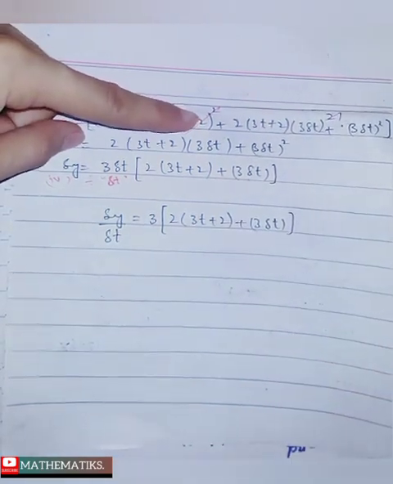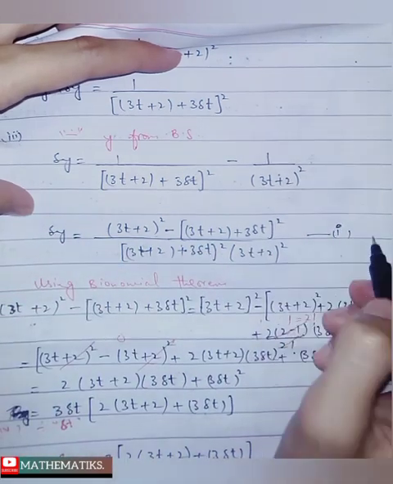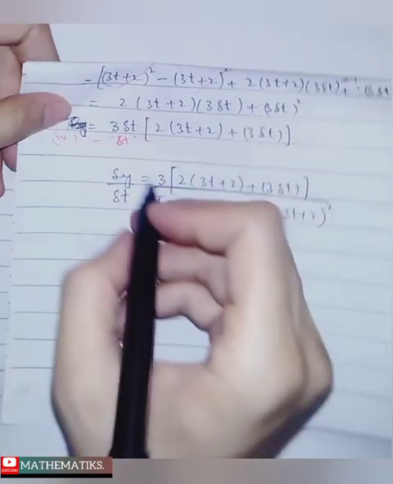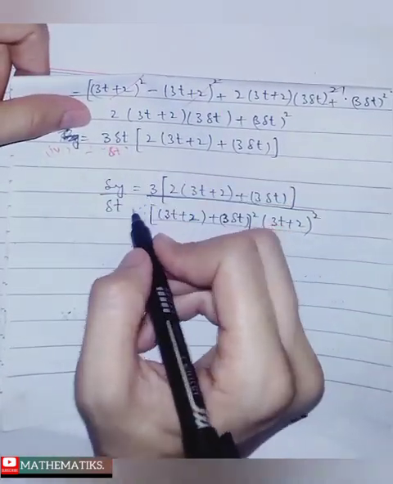We name this equation 1, and now we place this value in equation 1 and divide by partial t.